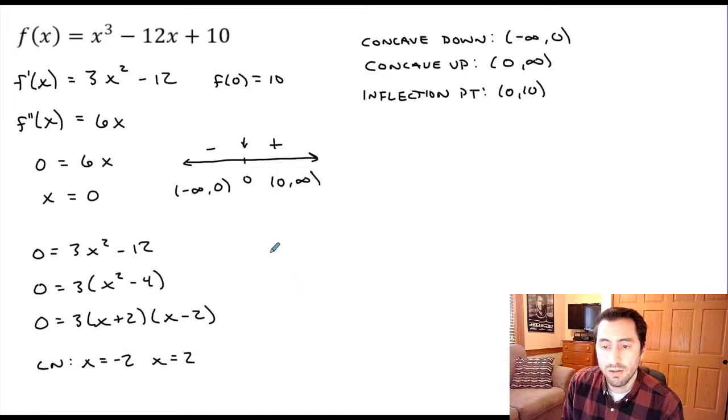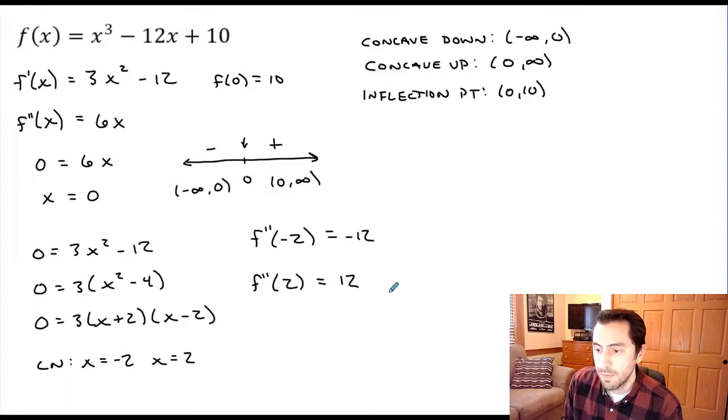Now to find our local extrema, we're going to take both of those and use the second derivative test. So we'll take the second derivative and plug in negative 2. 6 times negative 2, we get negative 12. And then the second derivative at positive 2, 6 times 2, we get positive 12.